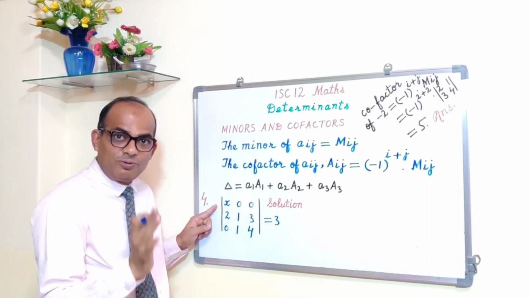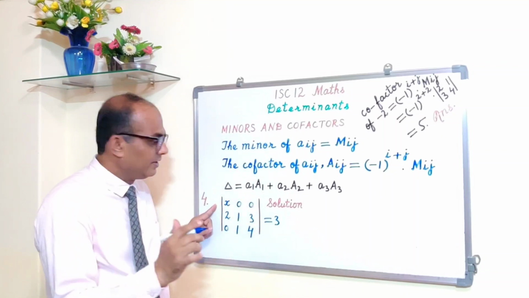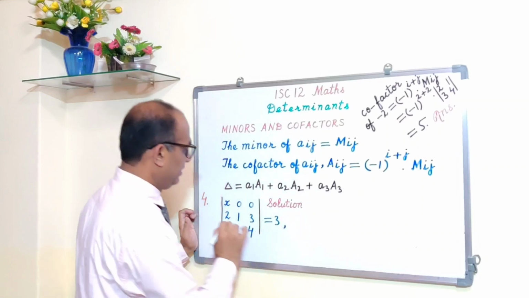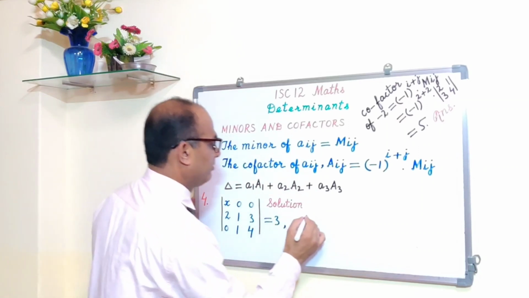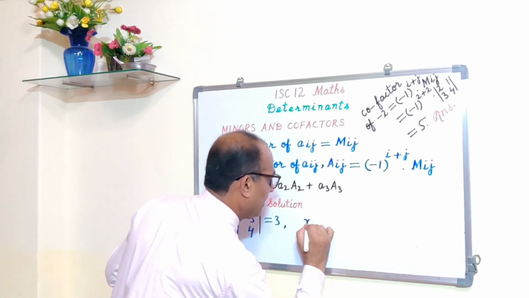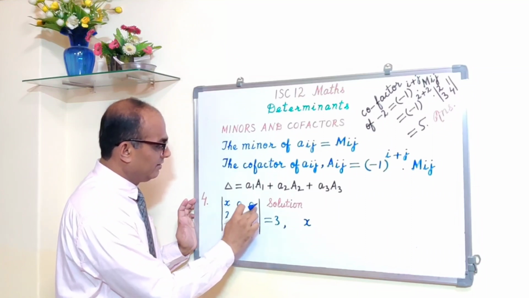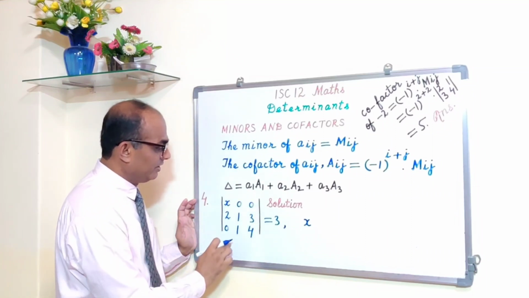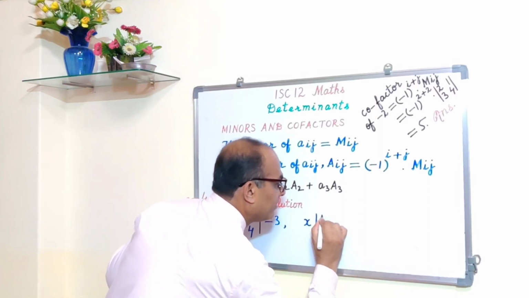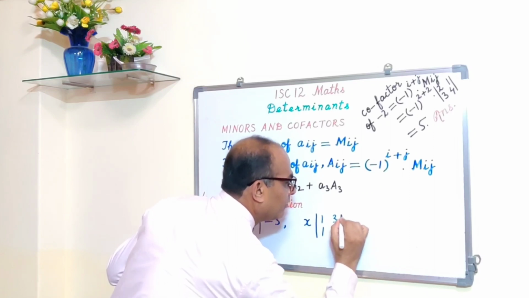So x, and then this row we delete, and this column we delete. So we get 1, 3, 1, 4.